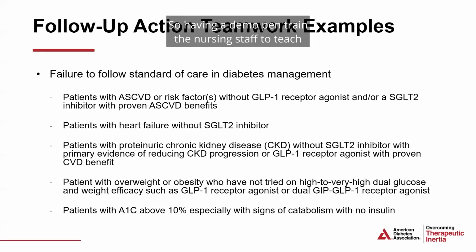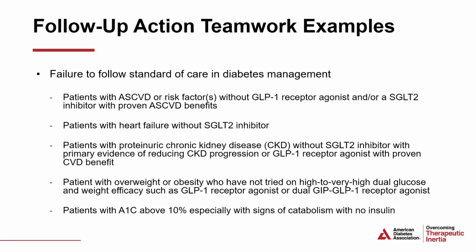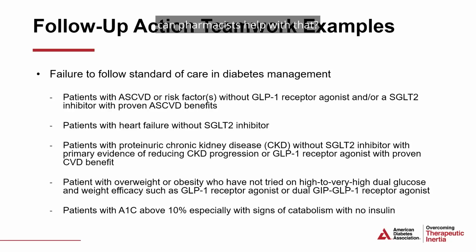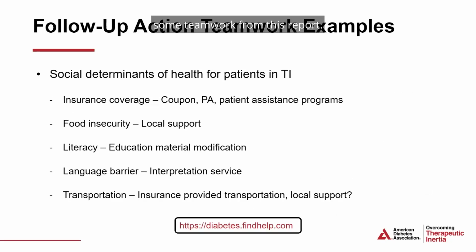So having a demo pen and training the nursing staff to teach how to use the injection at the clinic, will it help? These are a few tips on what we can do as a team. Or, if you have a pharmacist in your health system, can pharmacists help with that? Stuff like that will be very useful teamwork from this report.